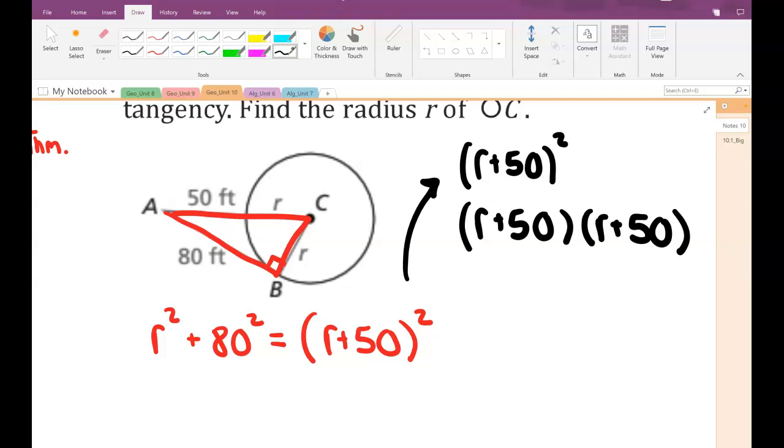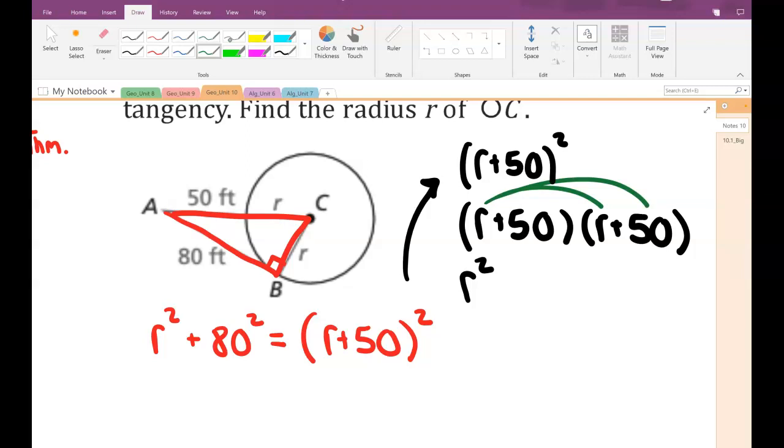But how you do this, if we want to do the foiling method, you take your first term and you multiply it to the first term of your second parentheses. So you get R times R, that's R squared. You take your first term and you multiply it to your second term of your other parentheses.